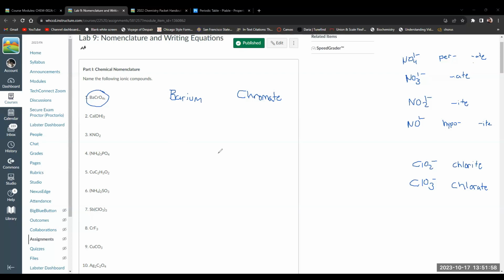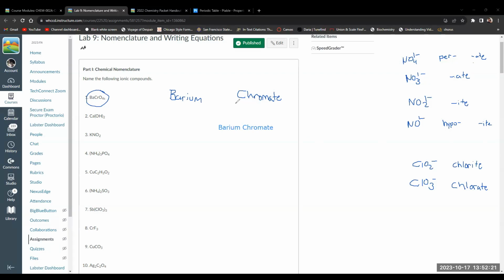Let's name the compound barium chromate. One thing to know about polyatomics is that they do not follow the IDE rule.